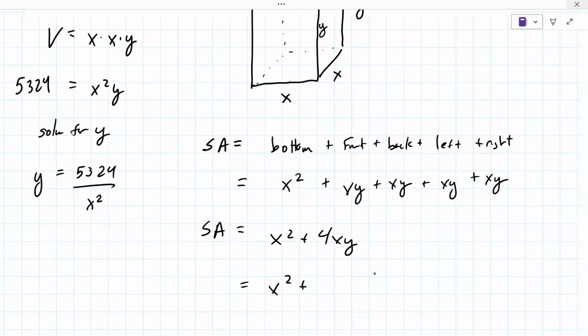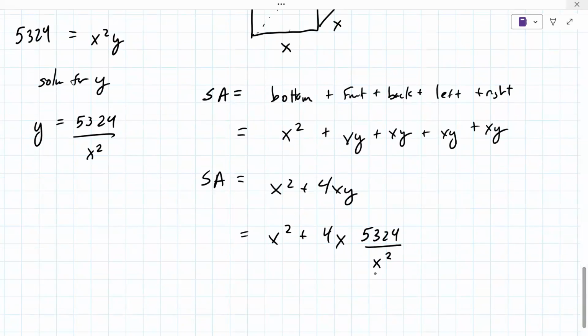So that's x squared plus 4x times 5,324 over x squared. And when you simplify, I'm going to grab a calculator here for this. 4 times the 5,324. I can get my calculator up. All right. So there's a plus there.